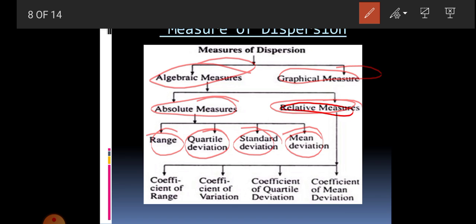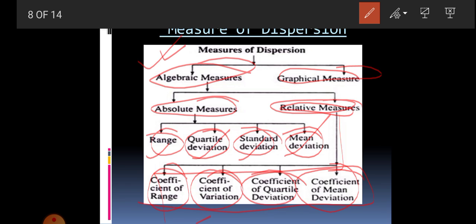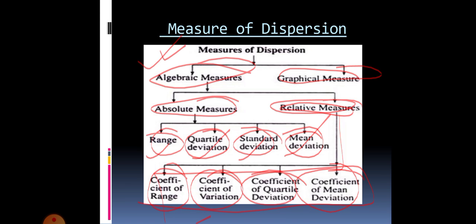In relative measure there is coefficient of range, coefficient of variation, coefficient of quartile deviation, coefficient of mean deviation. So this is all about dispersion, and we will study in depth in the next lecture how to find mean, median, mode, range, quartile deviation, standard deviation, mean deviation, and what these coefficients are. Coefficients generally denote the percentage value of anything.